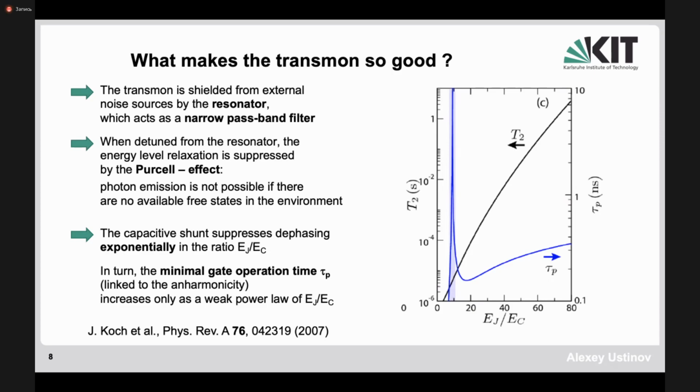So the photon emission doesn't happen because there are no available free states for the photons in the environment inside the cavity, away from the cavity frequency. Now the capacitive shunt is very large, and therefore the charge noise is very strongly suppressed. Finally, of course, the coherence time is very long, and therefore it can be used for practical applications.